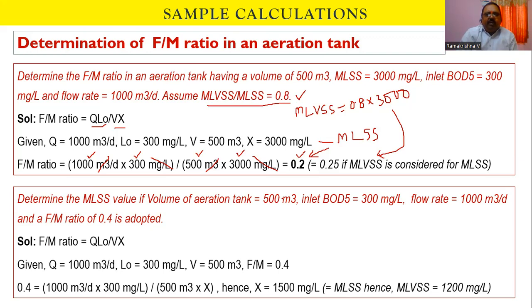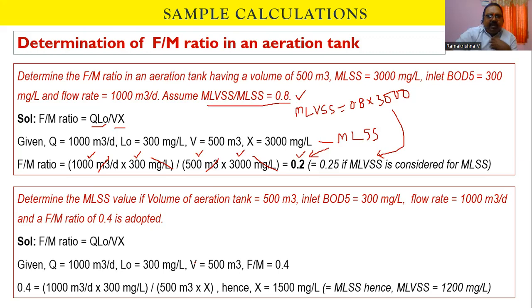That's why MLVSS is mainly considered as an important parameter instead of MLSS. MLSS is a total mixture, which is useful and also not useful. MLVSS gives the portion of useful biodegradable organic matter. That's why MLVSS is sometimes used in the equations.